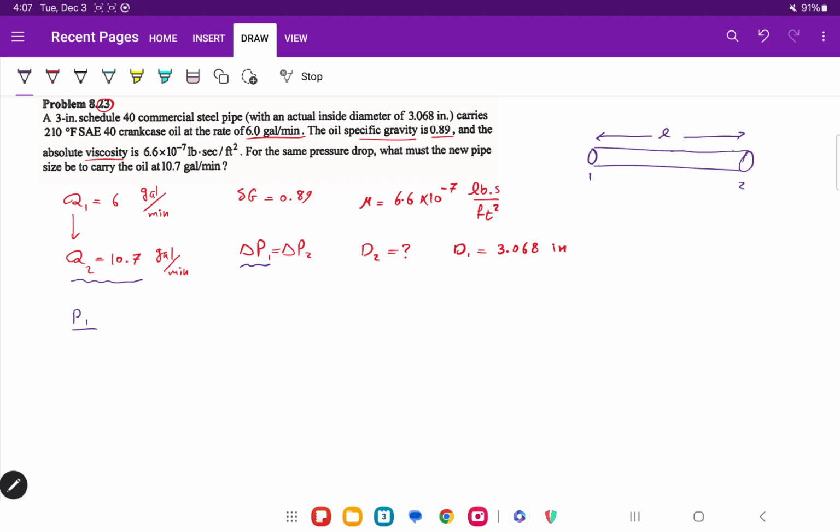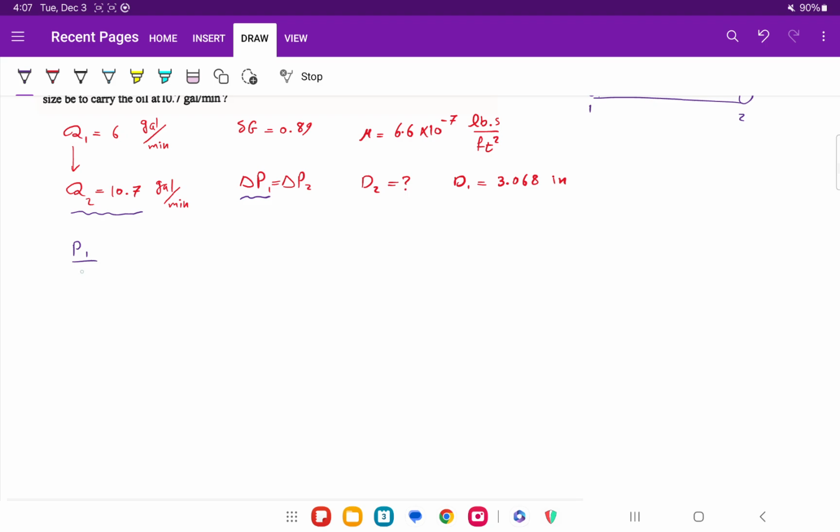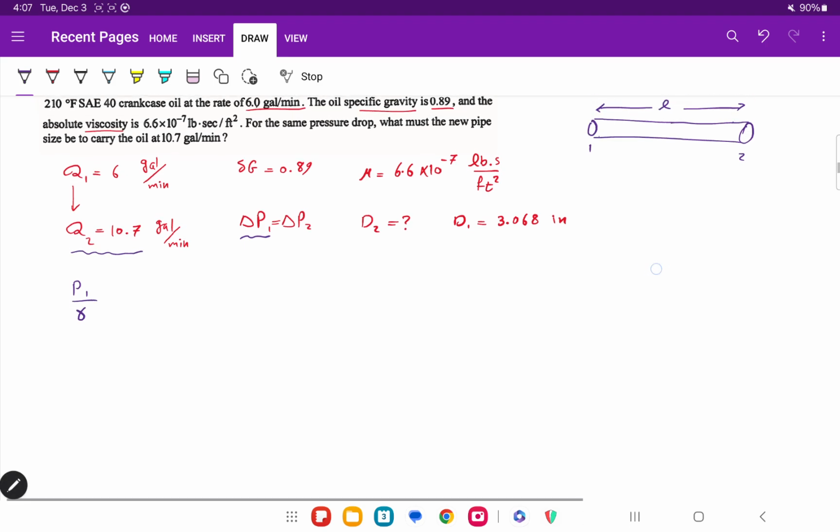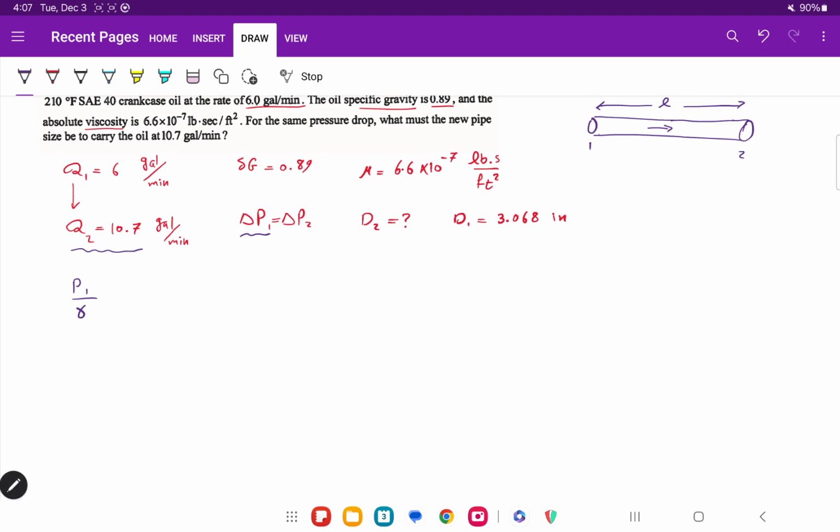And if we want to find pressure drop, P1 over gamma, and consider this flow direction, plus V1 square over 2G plus Z1 equals P2 over gamma.